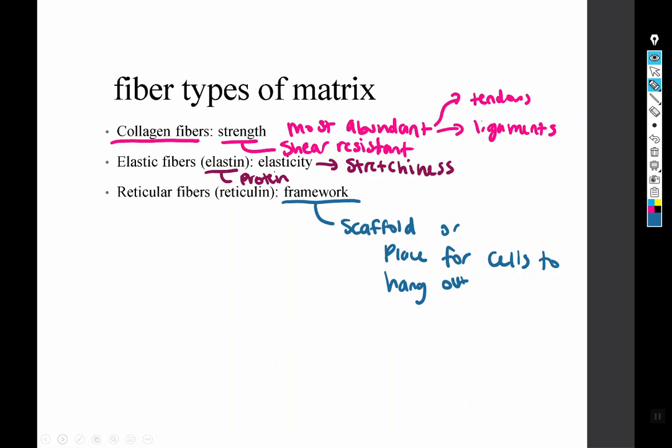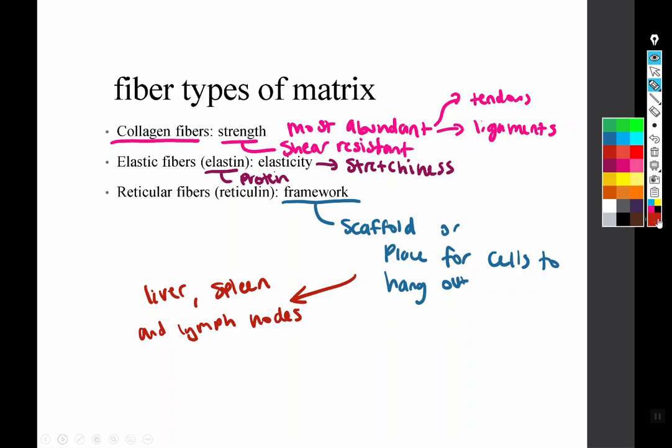Examples of this, I'm going to change color here, include your liver, your spleen, and your lymph nodes. They're not especially hardy compared with other organs because they're mostly made of cells and they're soft for that reason. But those cells need something to stick to hang out together, and so reticular fibers form that network.